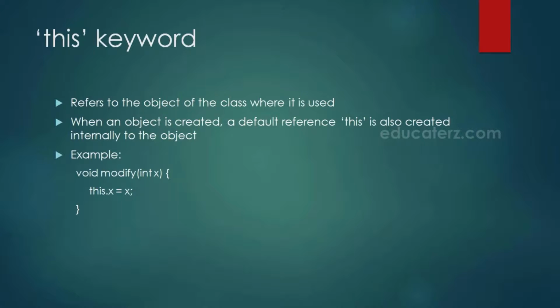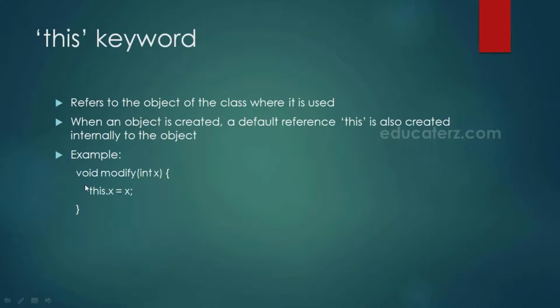When an object is created to a class, a default reference, which is nothing but this, is also created internally to the object. So this also refers to all the things of the present object like instance variables, constructors and methods.